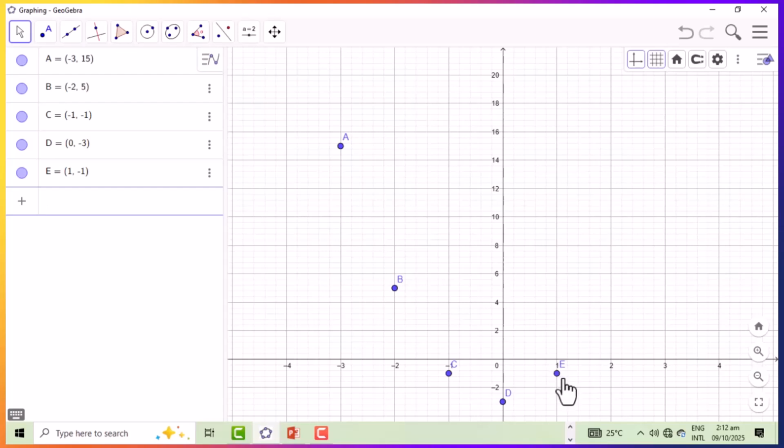Let's move on to the next point. The next point is labeled as E, which is 1, negative 1, also located nicely over here. The next point is labeled as F, point F, 2, 5, and it's also located nicely over here.